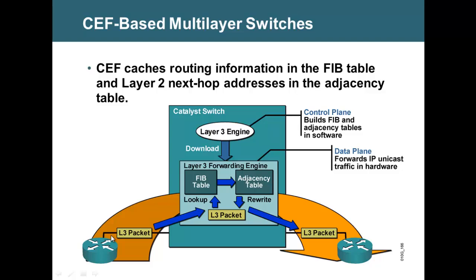Then came CEF. CEF is very dynamic. Whenever the layer 3 engine gets updated, the FIB also gets updated very quickly. And CEF is built based on the traffic information plus the routing table information.